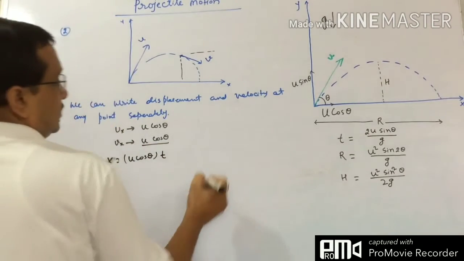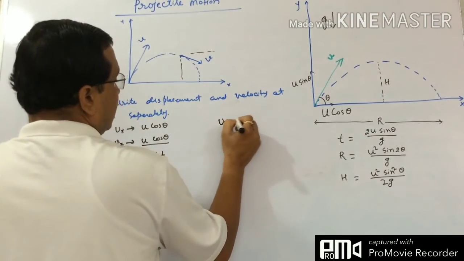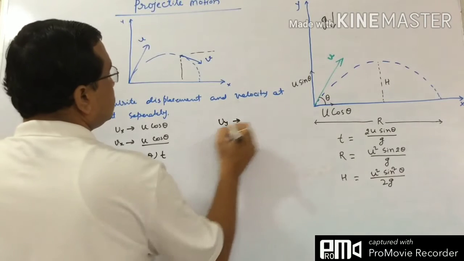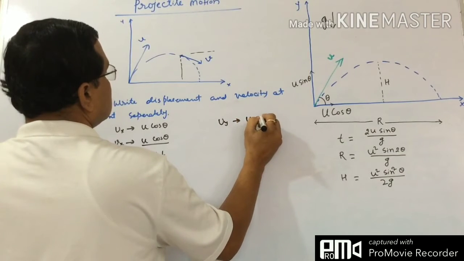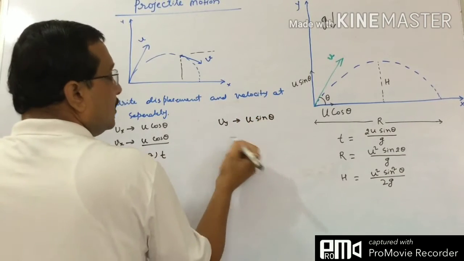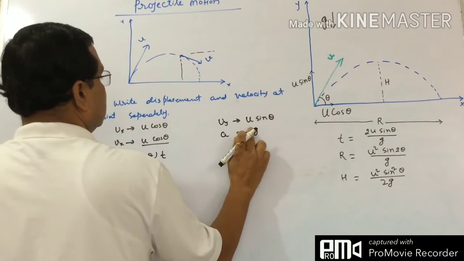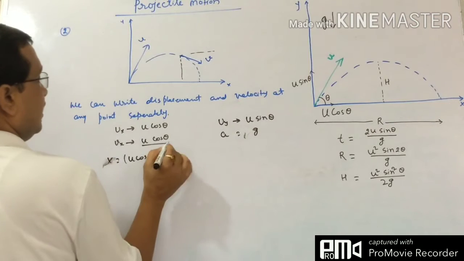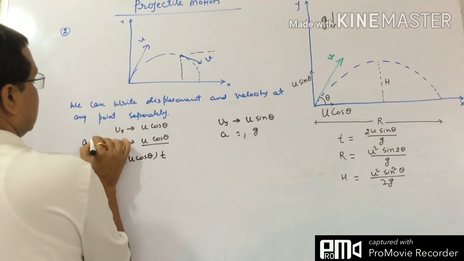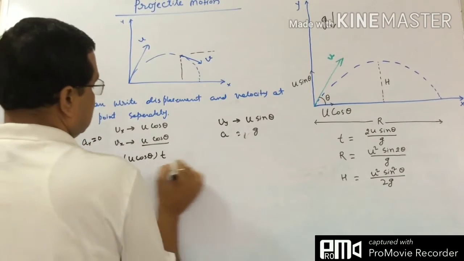But in y direction, uy equals to u sin theta. Time is t, a equals to minus g, g in magnitude. Here ax equals to 0. That's why this equation.